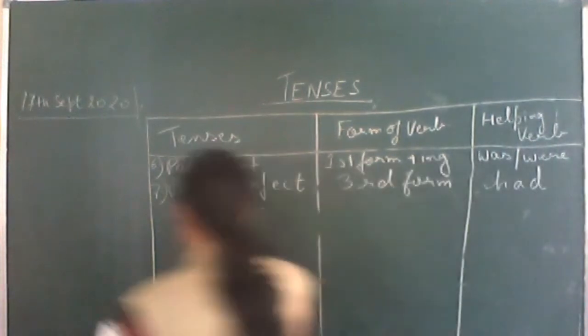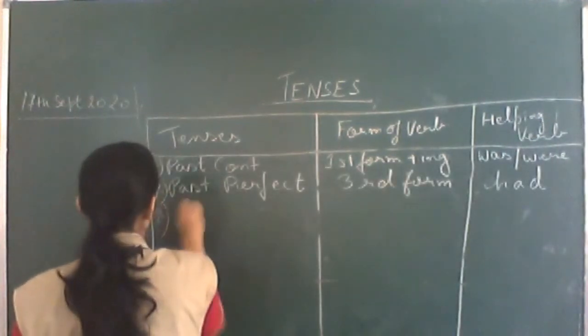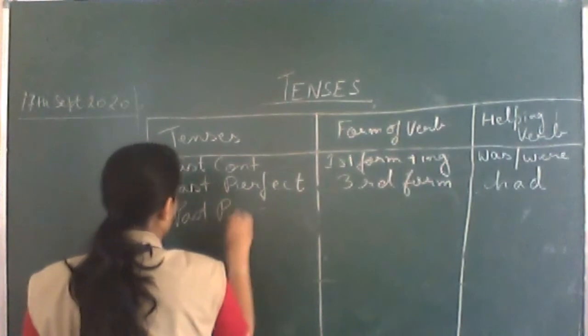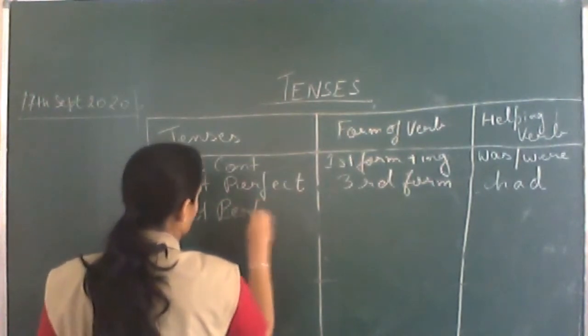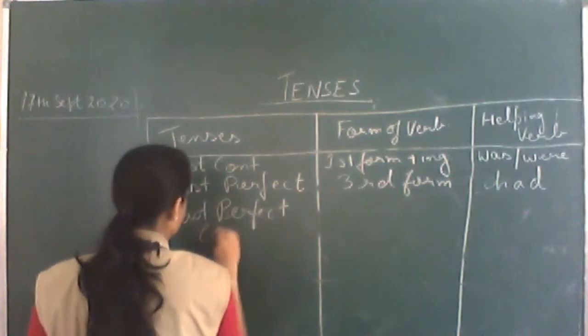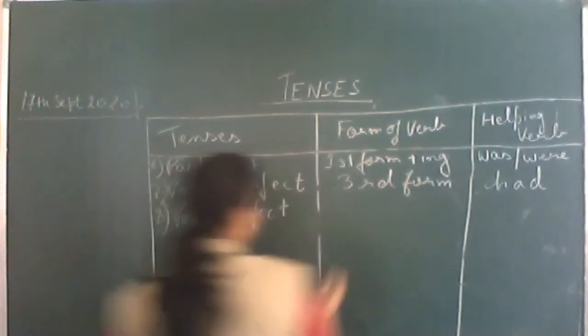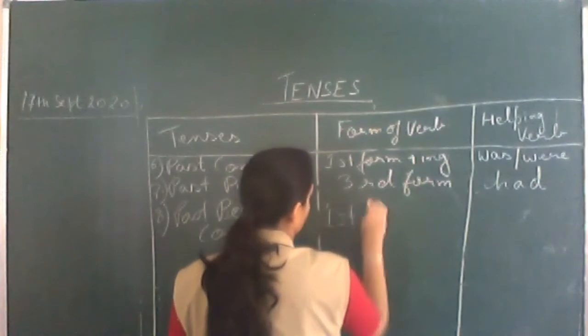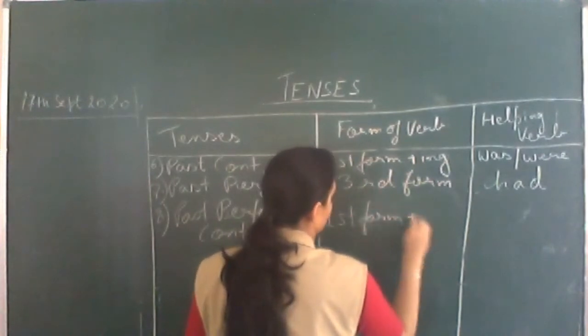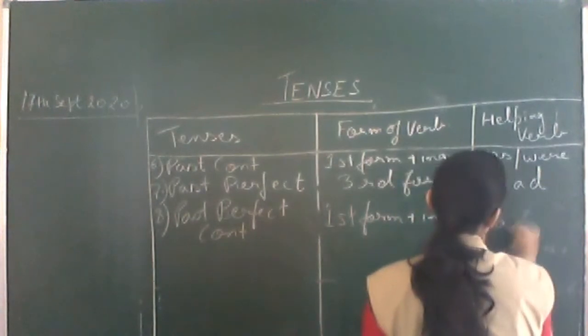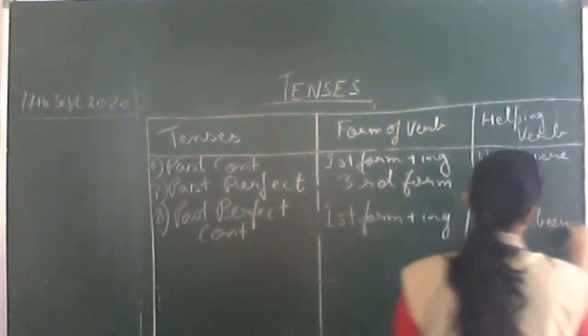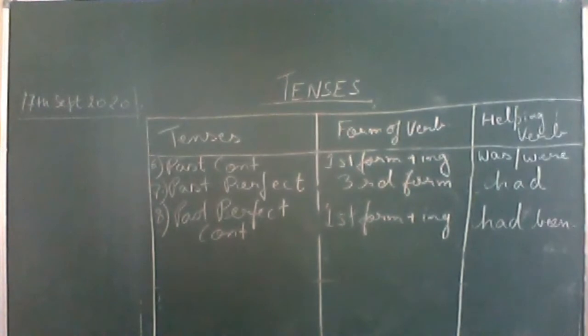The last is past perfect continuous. In past perfect continuous, again first form plus ing, and the helping verb will be had been.